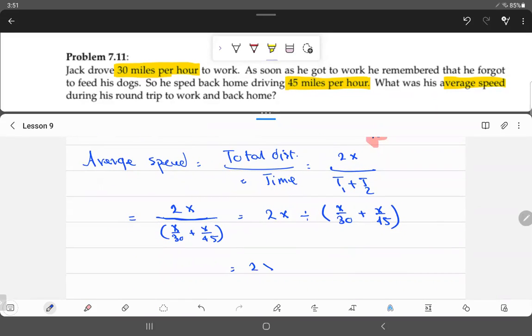Equals 2x divided by, if you multiply by 3 and by 2, you get 5x over 90. Right?